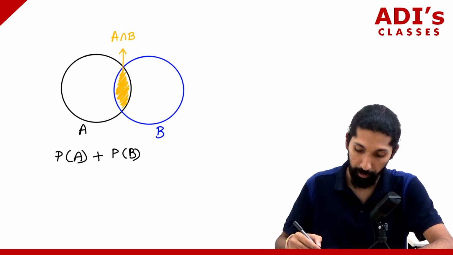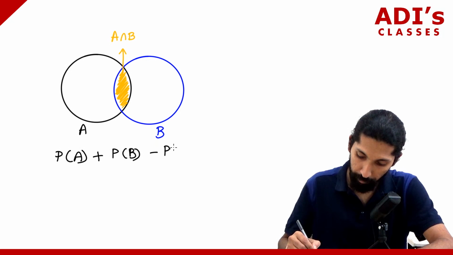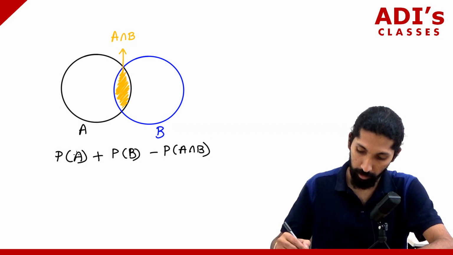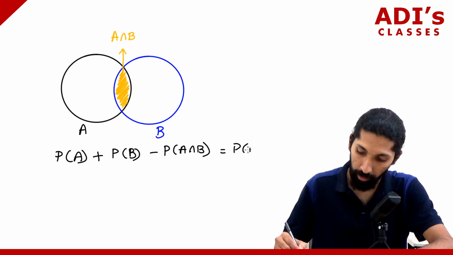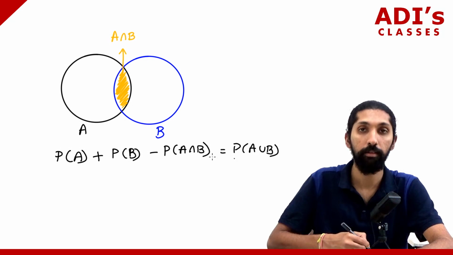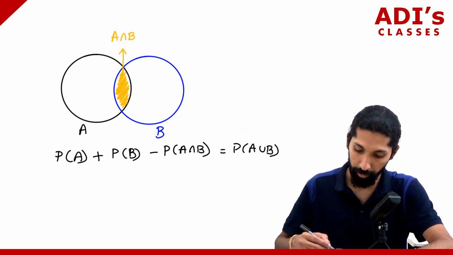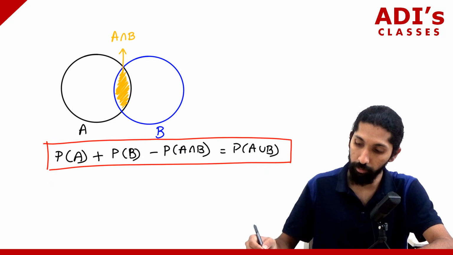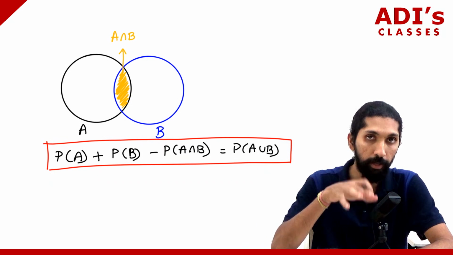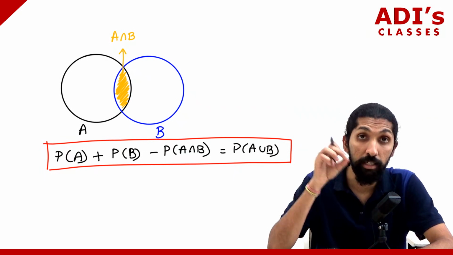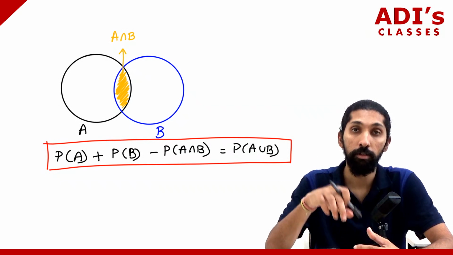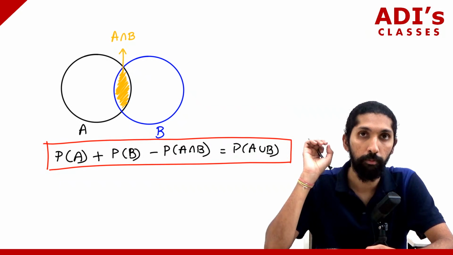That means P of A plus P of B minus P of A intersection B gives us P of A union B. So this is the formula for P of A union B: P of A plus P of B minus P of A intersection B. This is a very, very important formula.